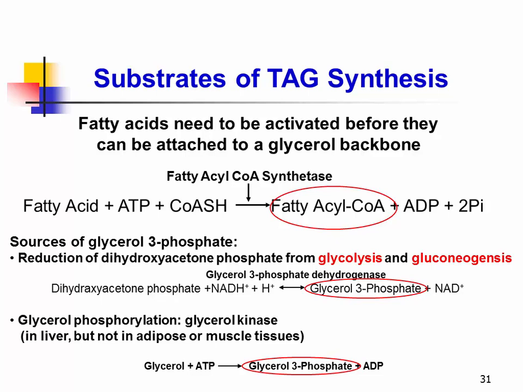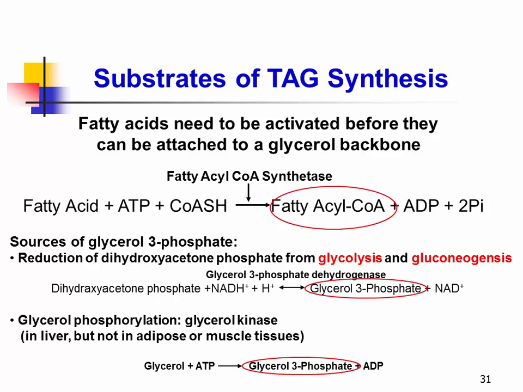So in the adipose tissue, glycerol 3-phosphate can be produced primarily from glucose metabolism, but can also come from amino acid metabolism. But again, glucose is primarily the nutrient that is metabolized through the glycolytic pathway to generate glycerol 3-phosphate. So this is one important source.